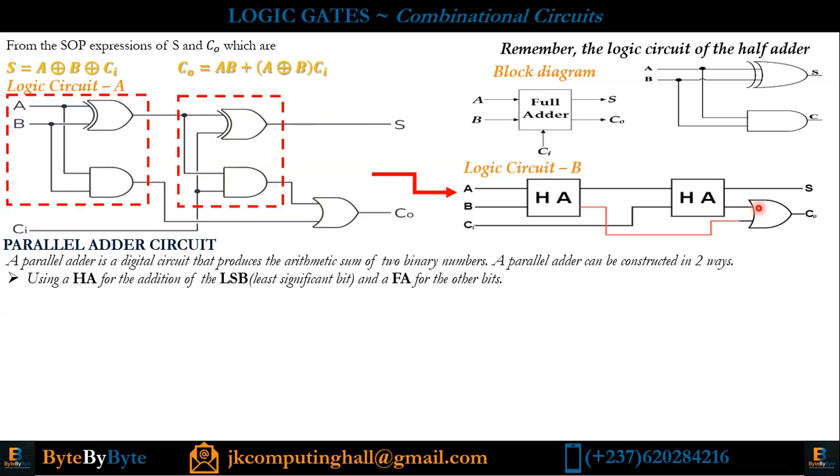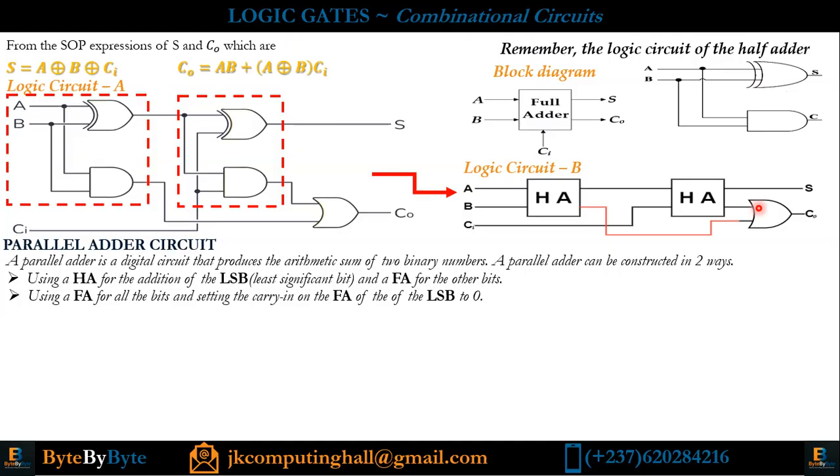You can say, when you're adding binary numbers of n bits, if you are to use half adders and full adders, then you are using only one half adder and n minus one full adders. Meaning if the two binary numbers have, for example, 8 bits, you will use one half adder and 7 full adders. The second way is using a full adder for all the bits and setting the carry in on the full adder of the least significant bit to 0. Very correct. Why are we saying that?